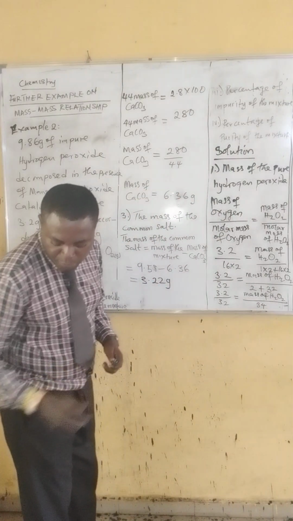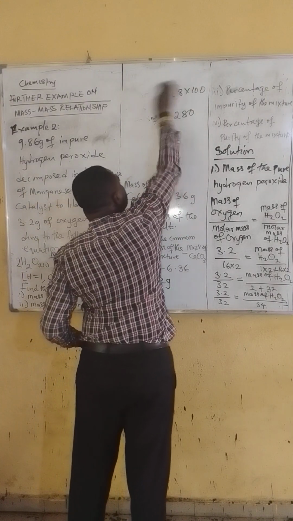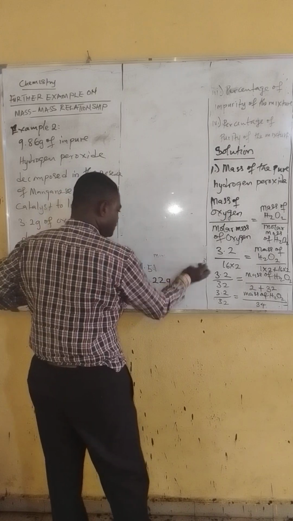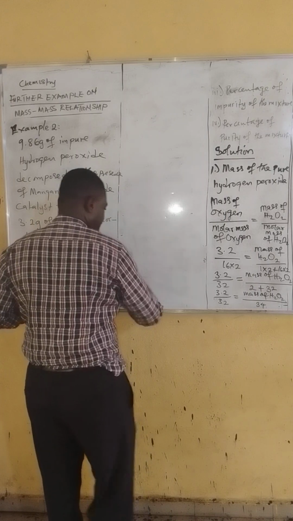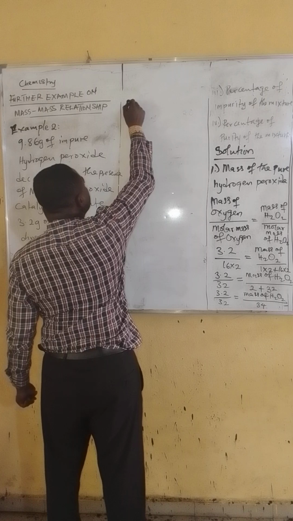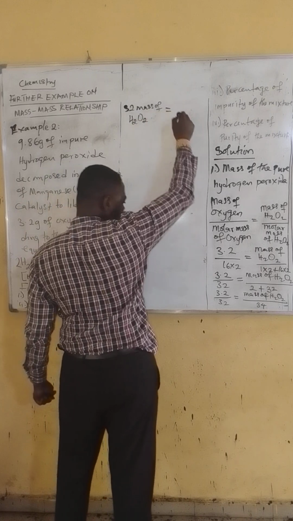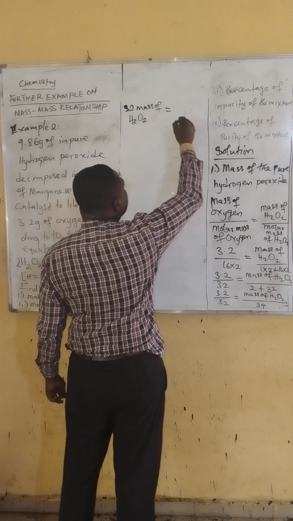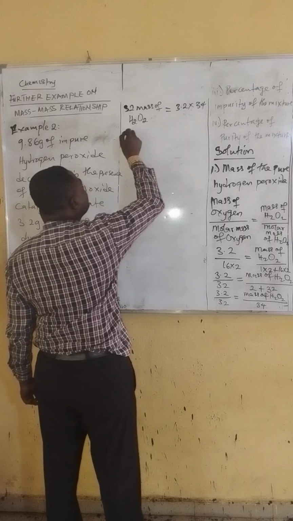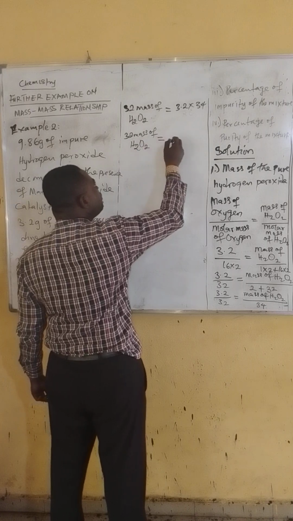Then what do we do? We cross multiply. This 32 will multiply the mass of hydrogen peroxide, and it is equal to 3.2 times 34.